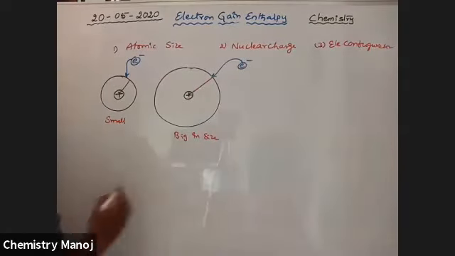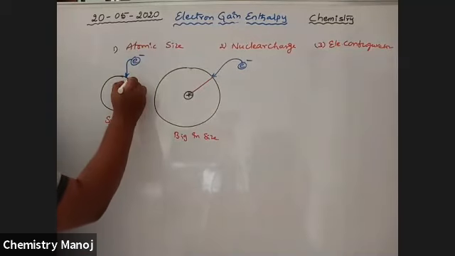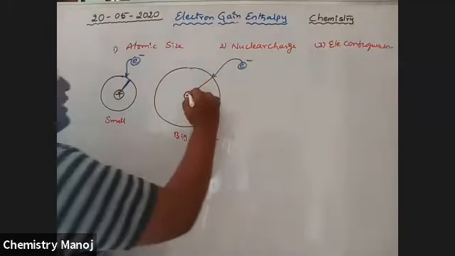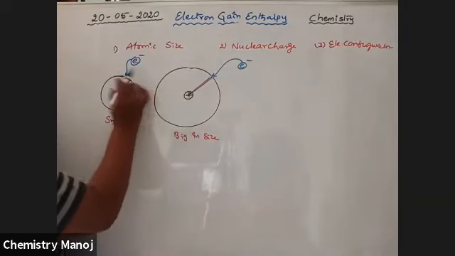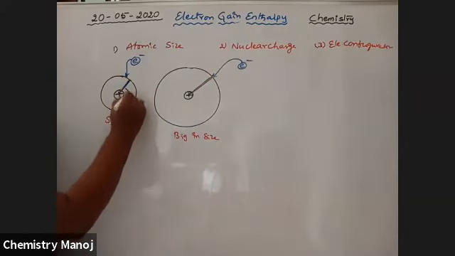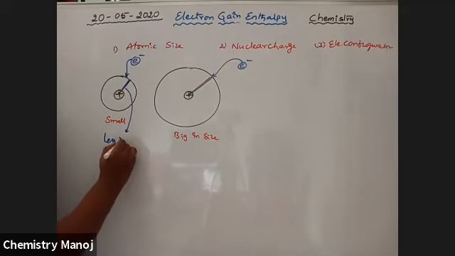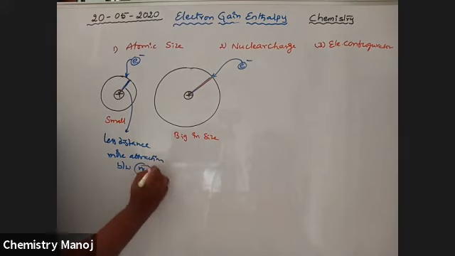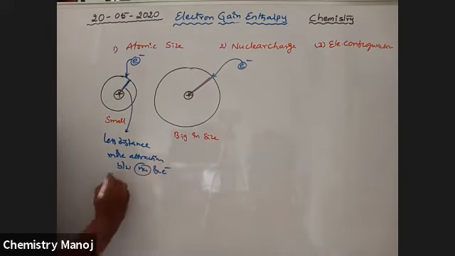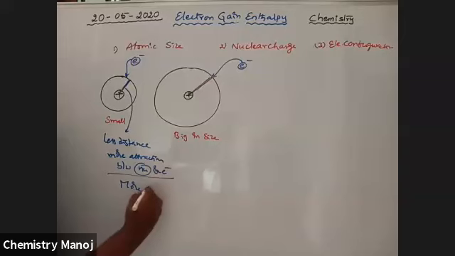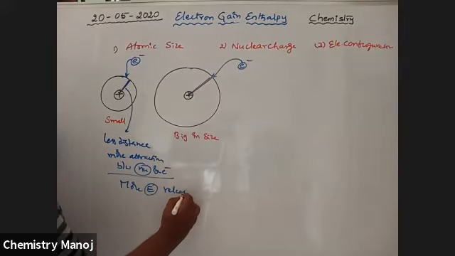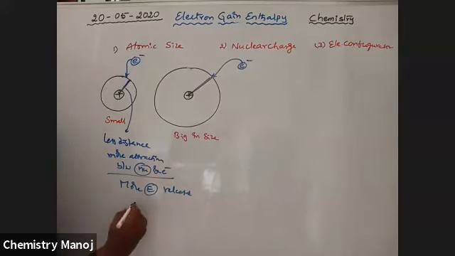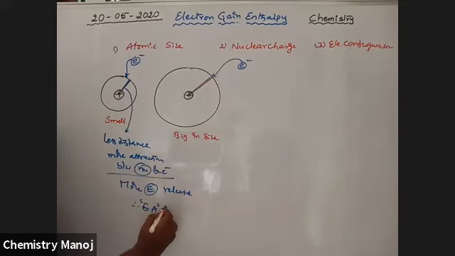Here the distance is less, so there are more attractive forces, less distance, more attraction between the nucleus and the incoming electron. That is why more energy is released. Therefore, electron affinity is high.